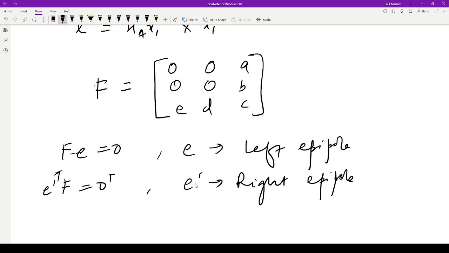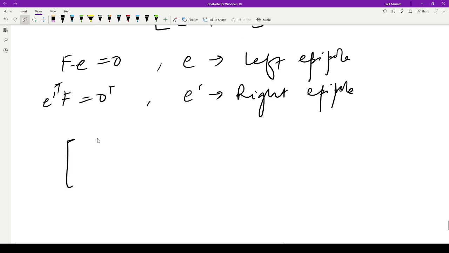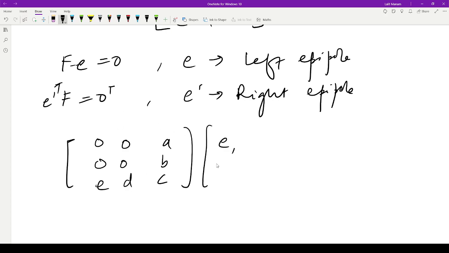With this specific structure of the matrix, what can we do? I'll try to find these epipoles. It was said in class that these are the properties of the matrix. So I'll write it as E1, E2, and E3.